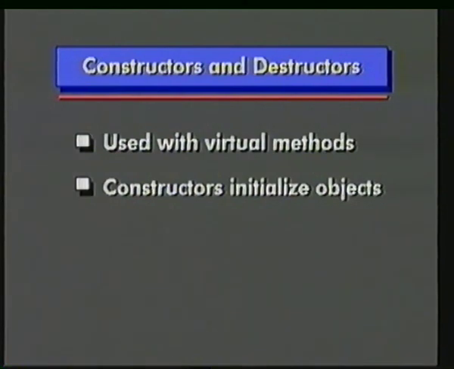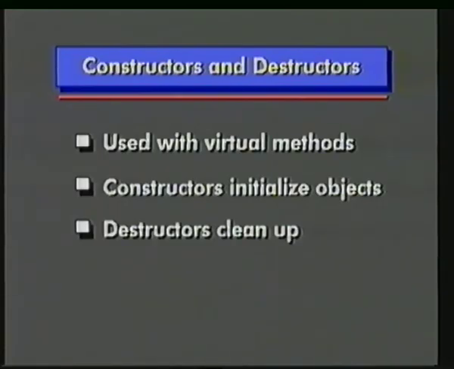And just as new had its counterpart dispose, so does a constructor have a counterpart. Not surprisingly, this counterpart is known as a destructor. A destructor is optional, but can be used to deallocate memory or perform other operations when we're finished with an object. One last thing to note, we must always call a constructor before calling any virtual method associated with it.